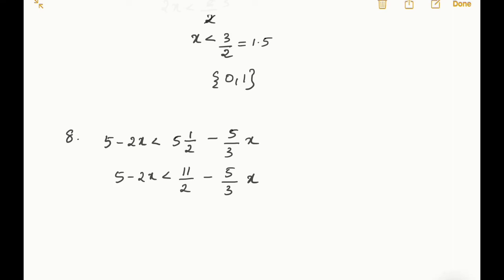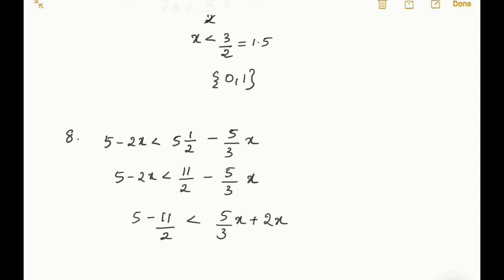So what do we get? 5 minus 11 by 2 less than 5 by 3 x plus 2x.